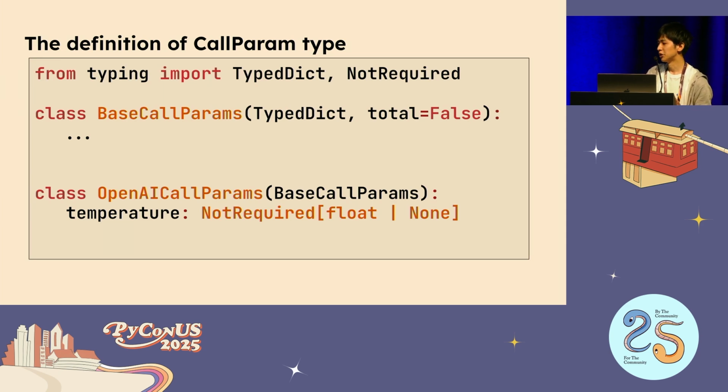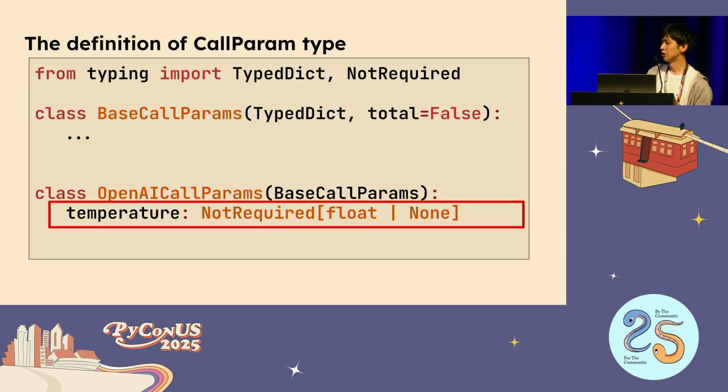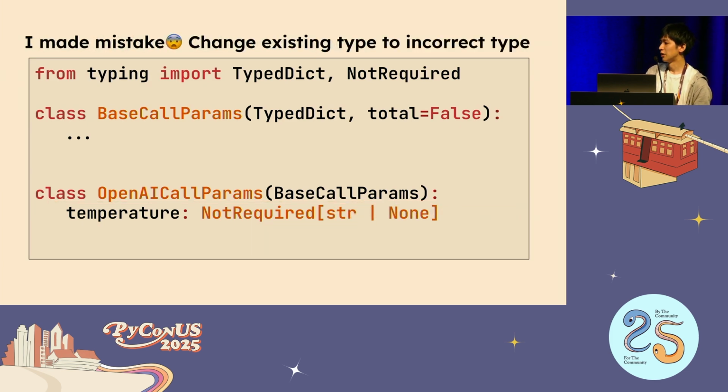They also provide a specific call params object. Temperature is not required, float or None. It's simple, but I made a mistake. I had to change other points, but I changed the temperature type from float to str. This is an incorrect type.